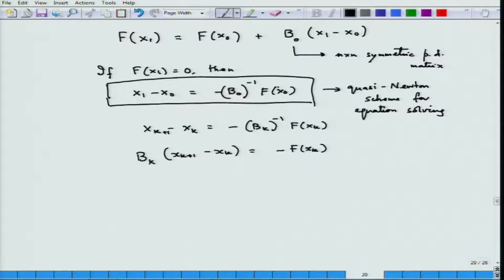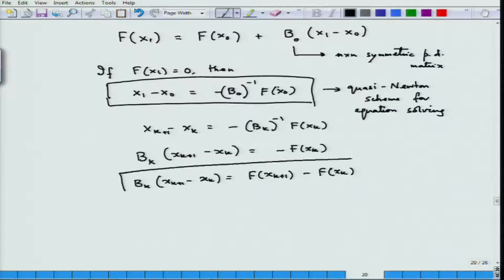Essentially I can now make a nicer thing, because I have already assumed that f(xk plus 1) is 0, then I get this equation. So, it does not harm if I write this, because this is 0. From xk to xk plus 1, I come with the presumption that possibly xk plus 1 is a solution. If not, then it will not have a 0 value. So, this would be the iteration that I will use.